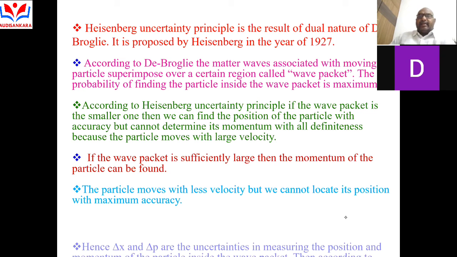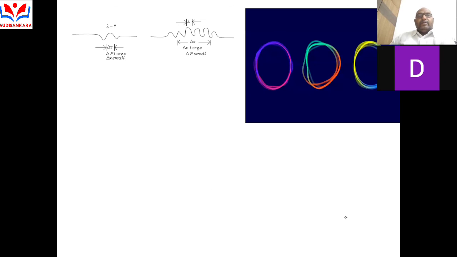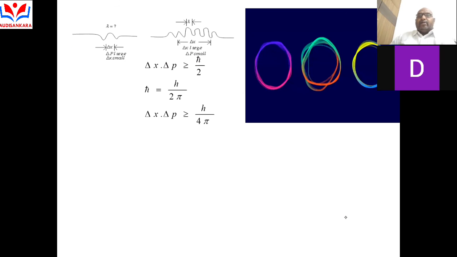Hence delta x and delta p are the uncertainties in measuring the position and momentum of the particle inside the wave packet. Then according to the Heisenberg uncertainty principle, delta x dot delta p is greater than or equal to h cut by 2. Here h cut is equal to h by 2 pi, so delta x dot delta p is greater than or equal to h by 4 pi.